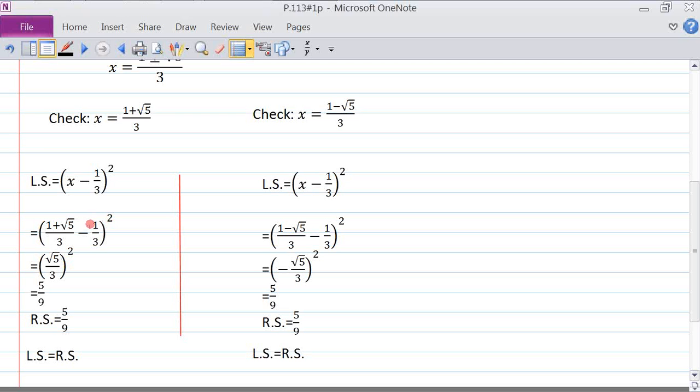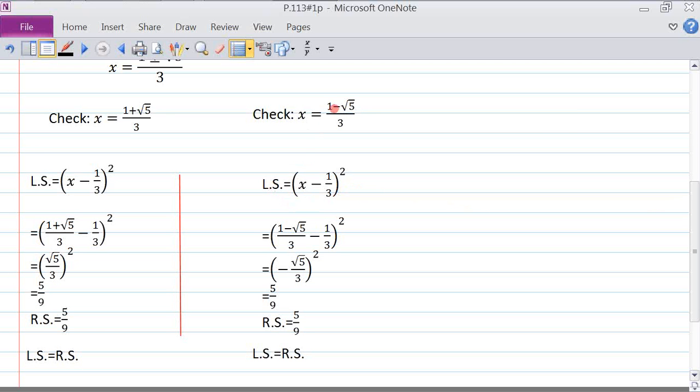In other words, the 1 here and the -1 here sum to 0 inside the brackets. I'm just left with the root of 5/3 all squared. So root 5 times root 5 gives me 5, and 3 times 3 gives me 9. The right side is 5/9, and so the left side equals the right side.